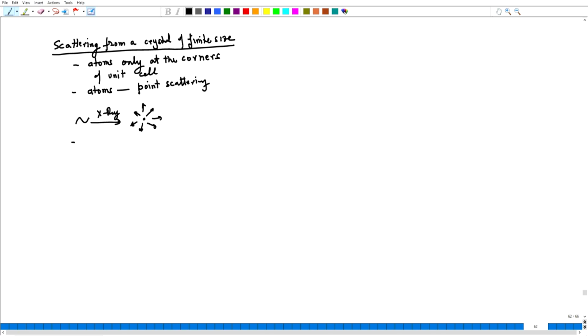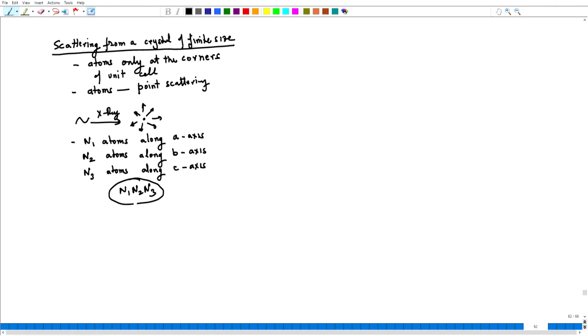So, let us say that there are N1 atoms along the A axis, N2 atoms along the B axis, and N3 atoms along the C axis. So, the total number of atoms is N1 times N2 times N3.